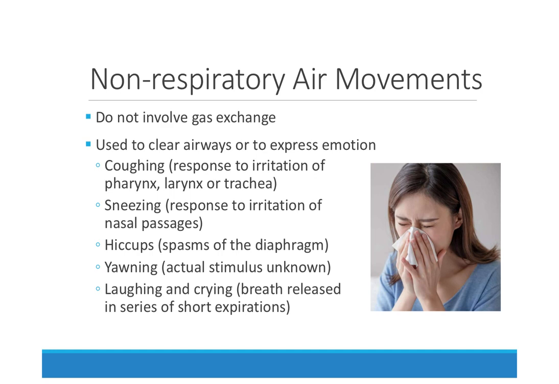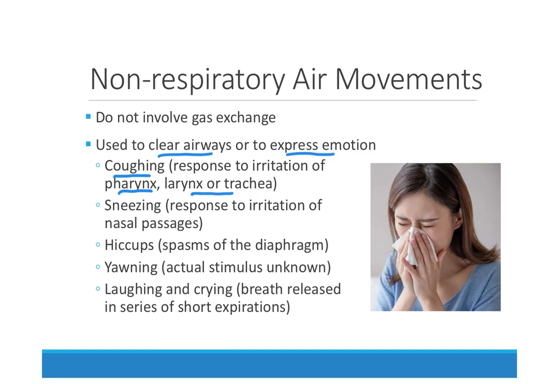There also are a number of things that we do in our respiratory system that are not involved in exchanging oxygen and carbon dioxide. These movements of air are things that we use to clear the airways or to express our emotions. Coughing is a response to an irritation in the lower half of your respiratory system. The pharynx is still kind of considered upper respiratory, but it's the bottom of the upper respiratory, and then moving down to the larynx and trachea.